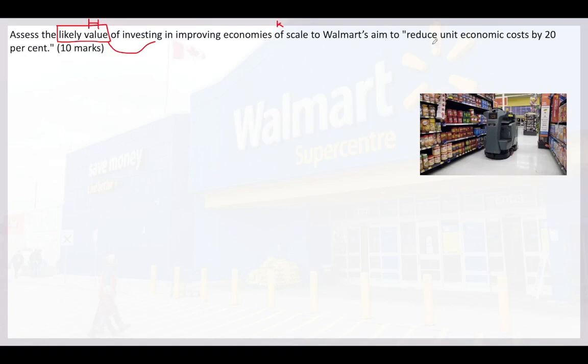And it's linked to their aim, which is a quote from the article, of reduce unit economic costs by 20%. Okay, so we know what they want to achieve, we know what's going to go on the end of chain of arguments, but first of all, let's look at the different types of economies of scale.